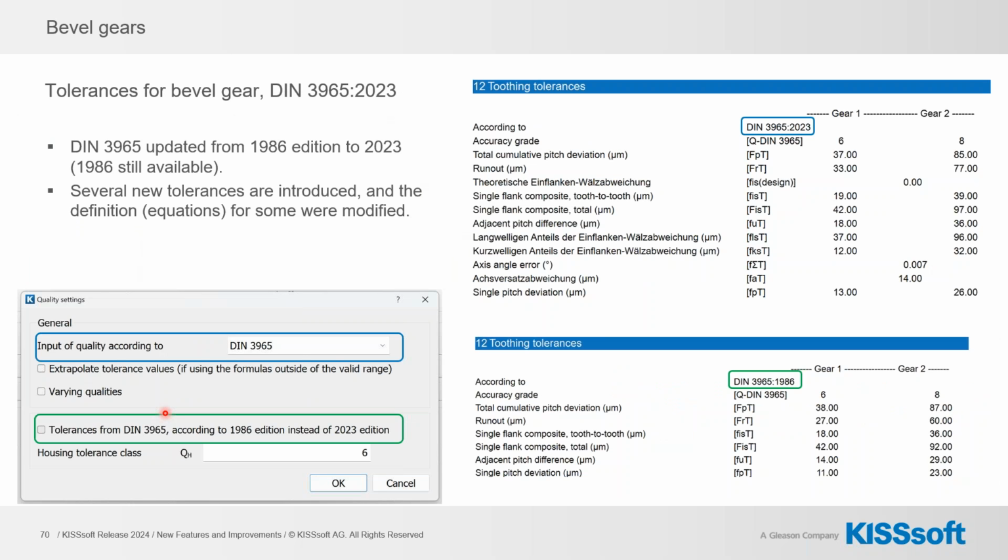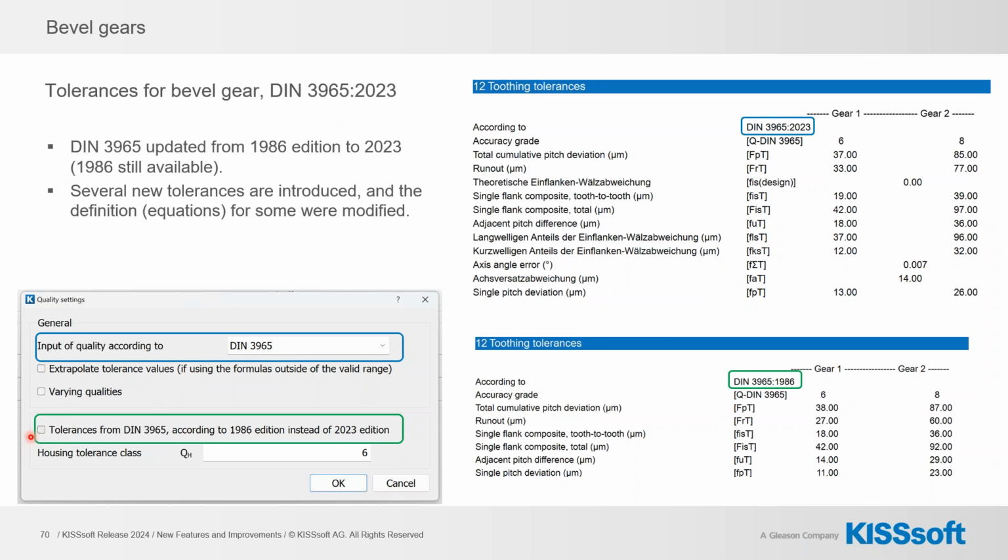A third point in the bevel gear standards is the tolerances, the geometry tolerances, which were launched from the DIN standards last year, and we implemented them.